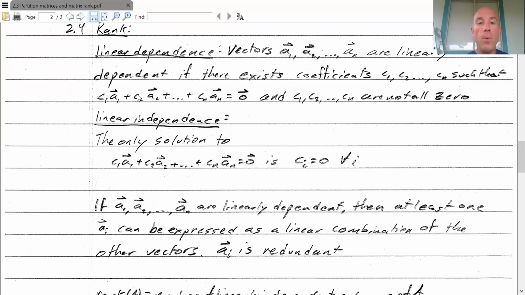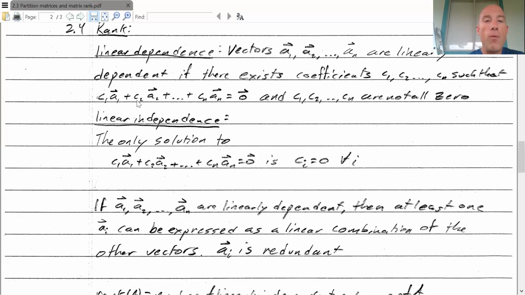Well, what I could do, I could pick up the C2 and A2 part, and I can move it over here. And C2 is not equal to 0, and A2 is not equal to 0. That's implied. All the A vectors in this conversation are not equal to 0. Otherwise, this is a pointless conversation. It's like the stupid case, so we don't even talk about it.